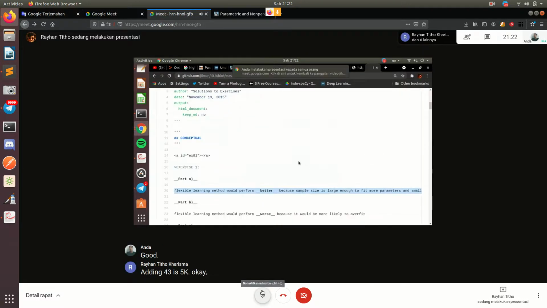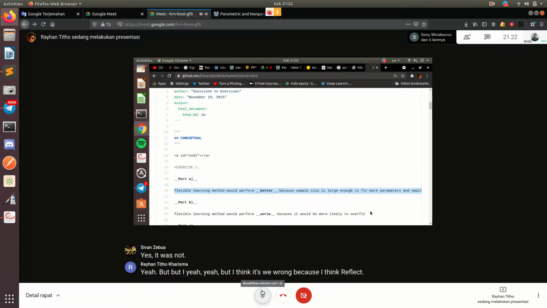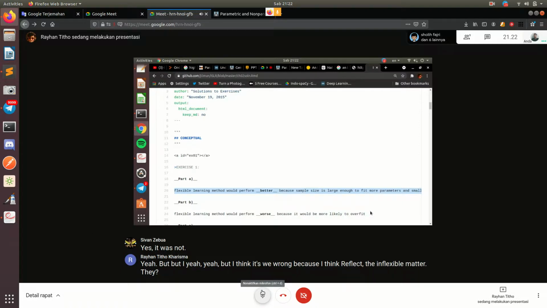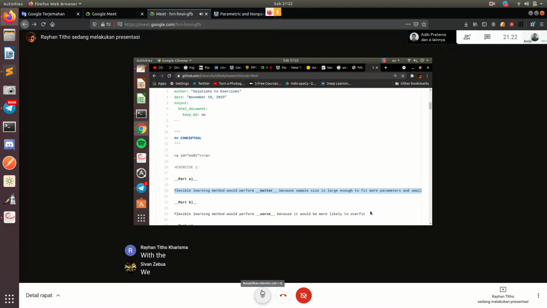Okay, the part B. Worse, but I think we're wrong, because I think the inflexible methods, with less data, perform better even though the number of p is higher.